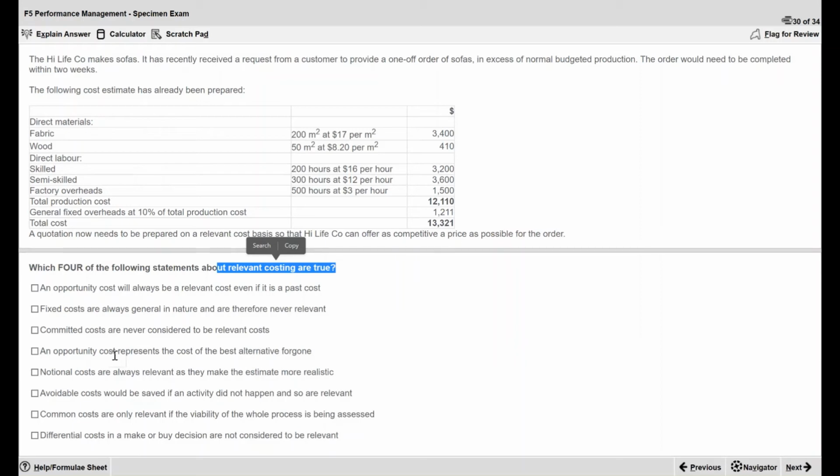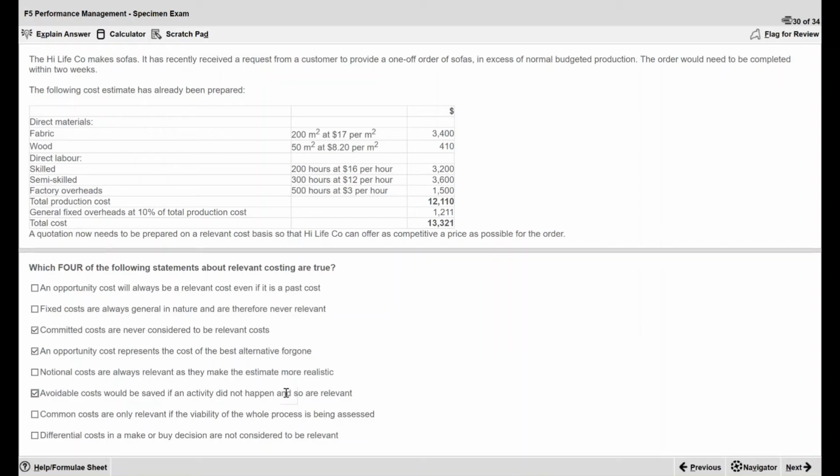No, incremental fixed costs are relevant. Committed costs are never considered to be relevant. Yes, an opportunity cost represents the cost of the best alternative forgone. Yes. Remember choosing one alternative or another one. Notional costs are always relevant as they make the estimate more realistic. A variable cost would be saved if an activity did not happen and so is relevant. Yes. Common costs are only relevant if the viability of the whole process is being assessed.